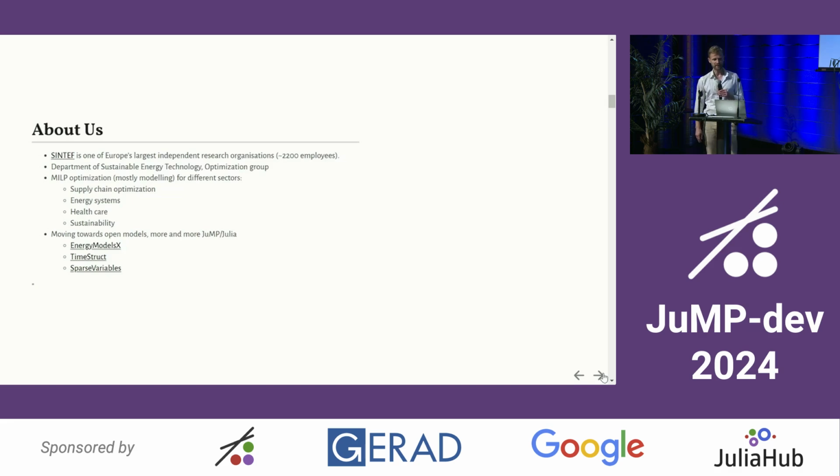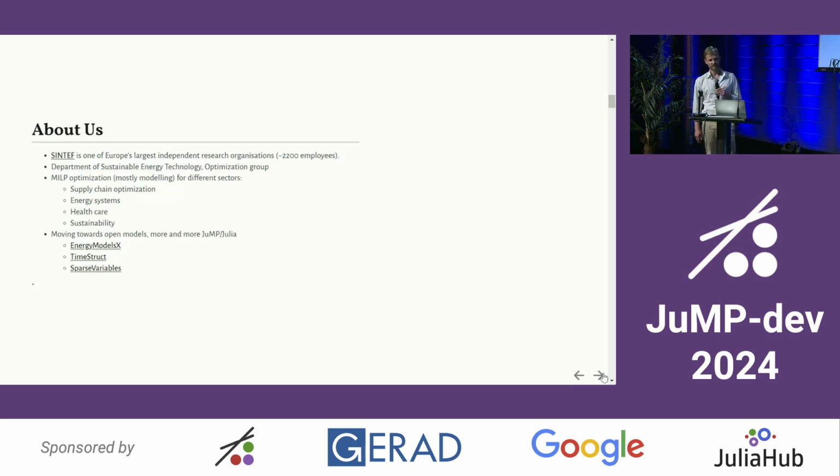So, as Truls told you about yesterday, we are at SINTEF. Our group is a small part of a large research institute, and we are located in the sustainable energy technology department. And we do mostly mixed integer linear programming optimization modeling, in a variety of different sectors.